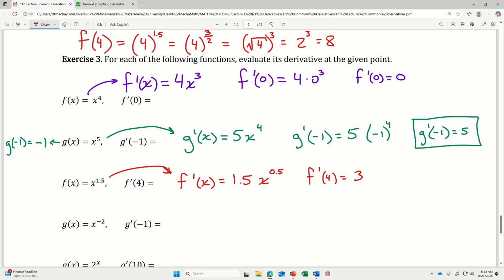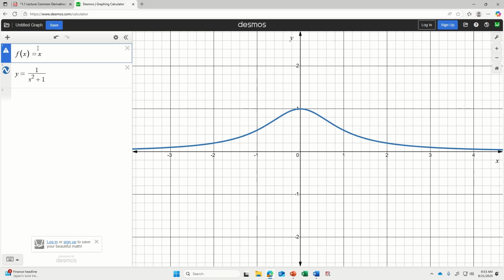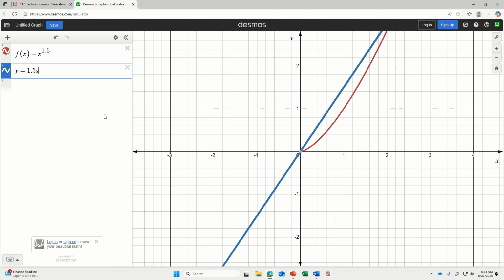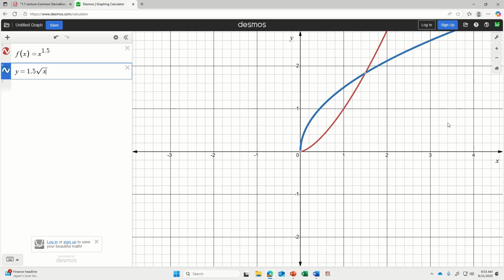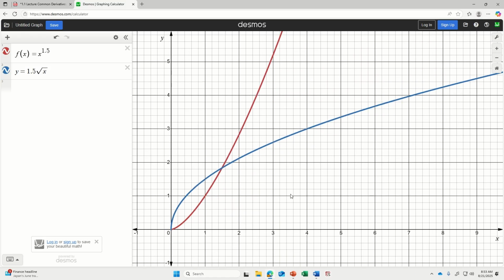I think it's worth graphing that one. So there's the function. There's the derivative. The function is always increasing, so the derivative is always positive.